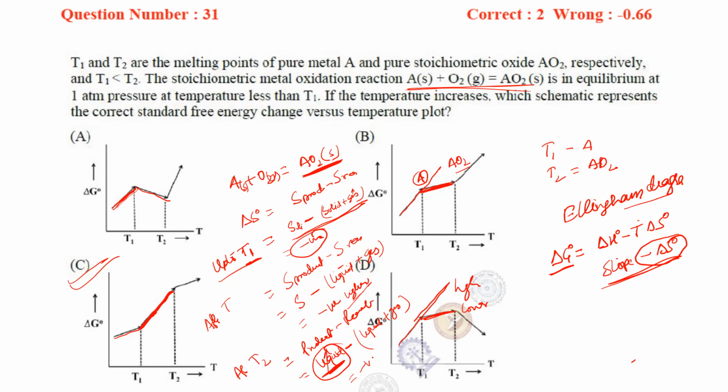So whatever the negative will be, it will be lesser than what we obtained after T1. When the amount of negative is lesser than what we obtained after T1, that's why the slope will be slightly lower. So this is also favoring, the slope has lowered again. So option C will be the correct answer.